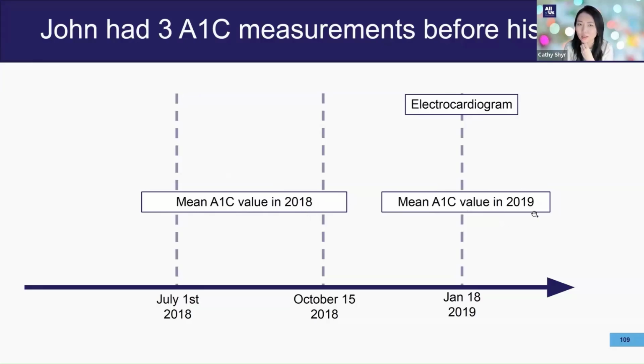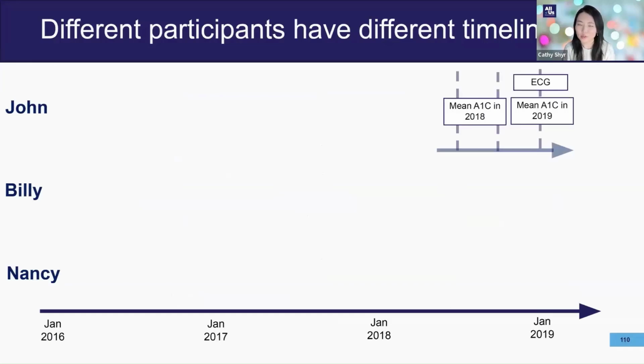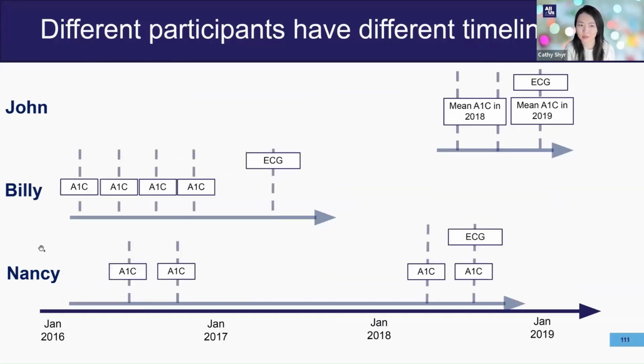Okay. So one thing I want to point out when it comes to dealing with EHR data is that different participants have very different timelines. So we've got John in the upper right here, but Billy and Nancy have very different timelines. So for Billy, he had his ECG in the spring of 2017.